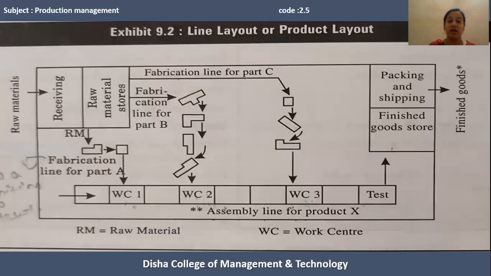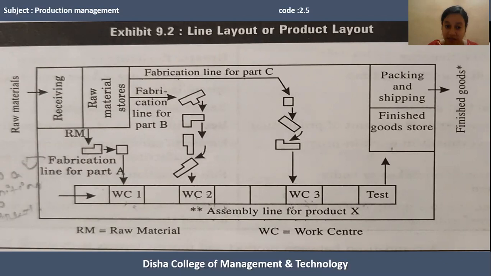So this is the diagram of product layout. This picture reveals that when the raw material is received by the plant, they have to send it to the store, and from the store the raw material is issued to a particular machine which is installed at the first position.